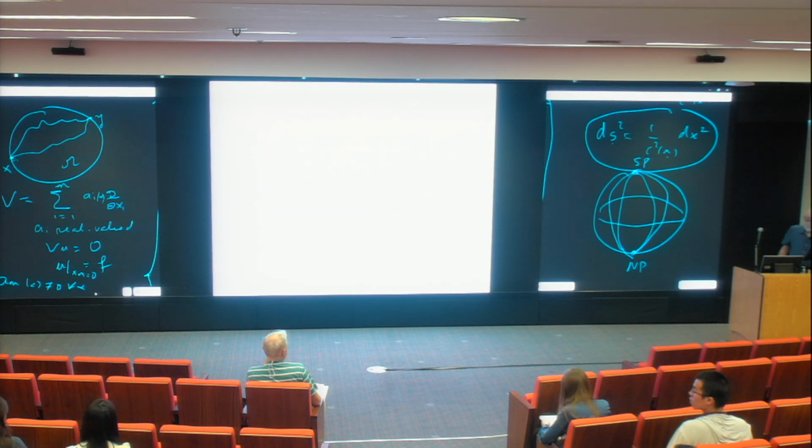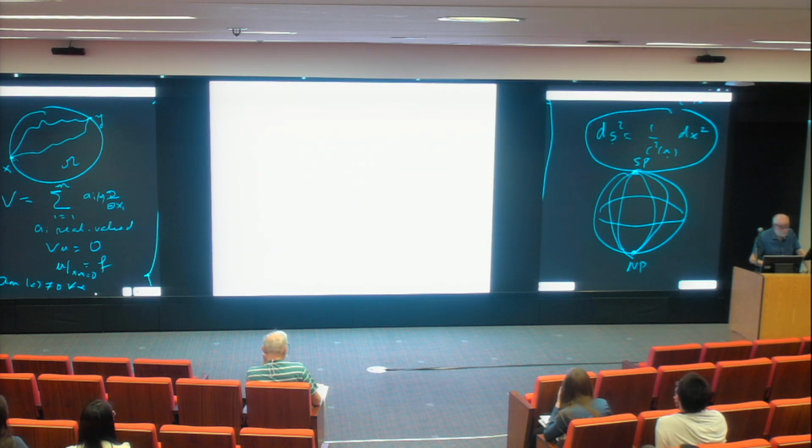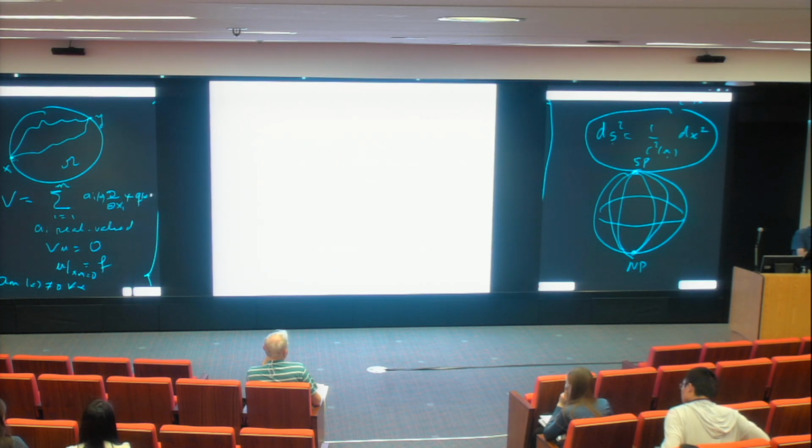So how do you solve this first order equation? We have some coefficient here, a gradient in x, and then we have lower order terms if you want. We can put some Q here. The Q doesn't matter, and Q is real valued as well.